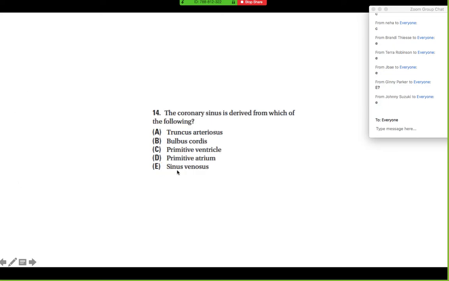Okay. The coronary sinus is derived from which of the following? Yes, so one for bulbus cordis.